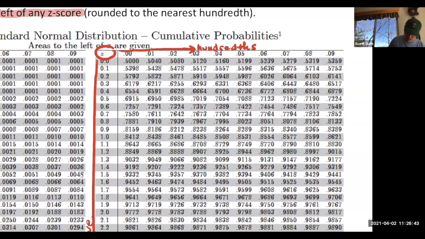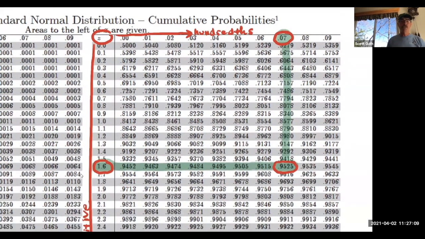So I have to go down to 1.6 and then out to 07, which is right there. So it looks like the probability is 0.9525. Again, the 1.6 plus the 0.07 make the z-score, which is 1.67. You have to combine those two, the nearest tenth plus the hundredths place.